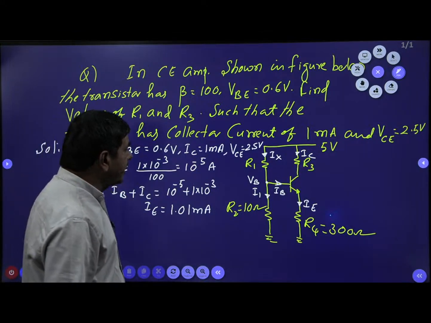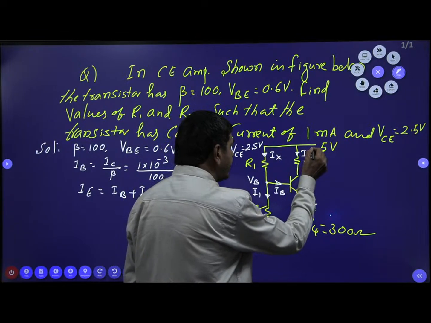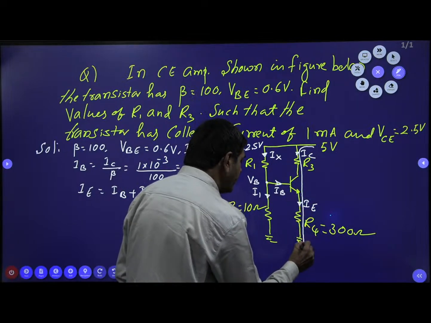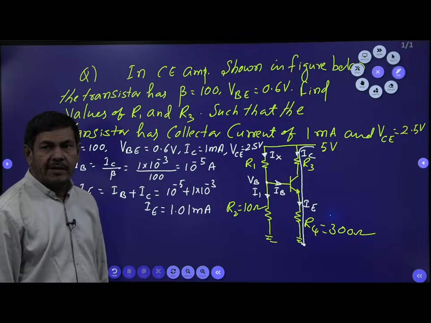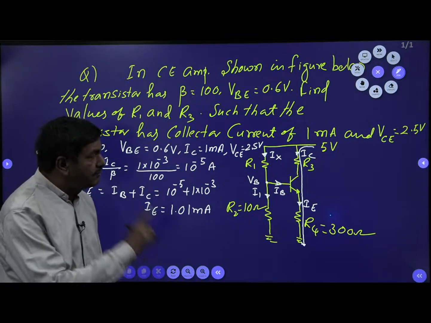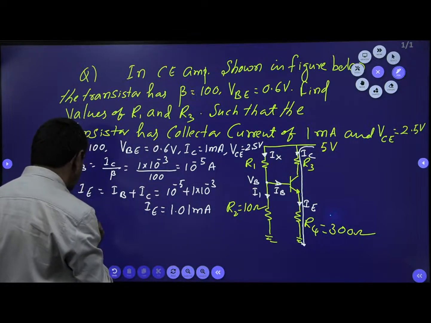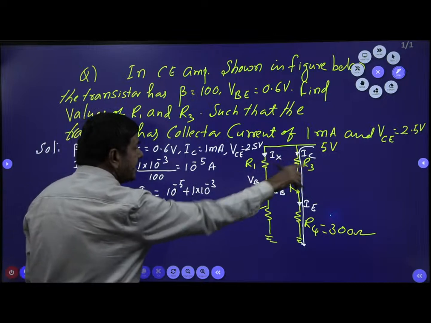Once you have the emitter current, you can determine R3. I wish to select the path in this direction and apply KVL here. Why are we applying KVL? To find the R3 value. Supply voltage 5 volts equals IC into R3.